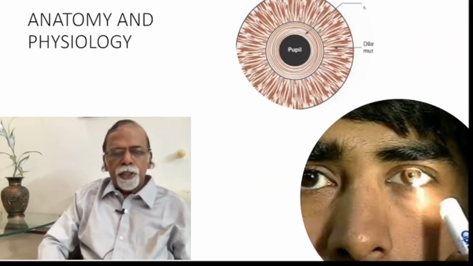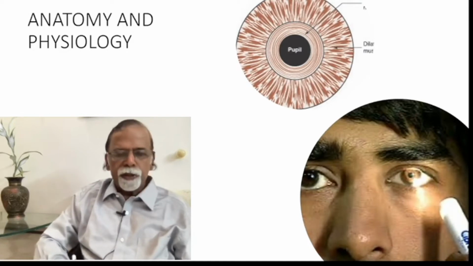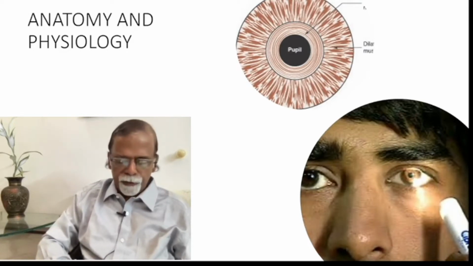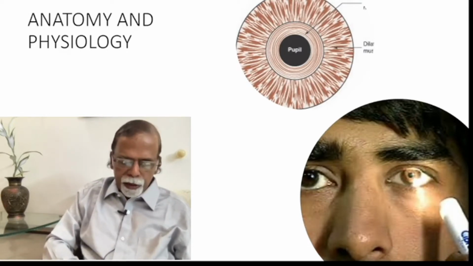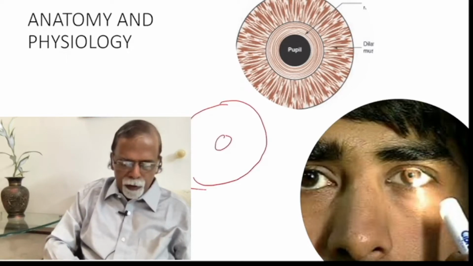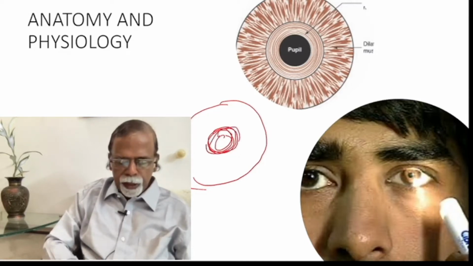We will just look into the anatomy and physiology of this pupillary light reflex. Suppose this is the pupil. Surrounding the pupil there are circularly arranged muscles, the constrictor fibers, and there are radially arranged fibers, the dilator fibers.